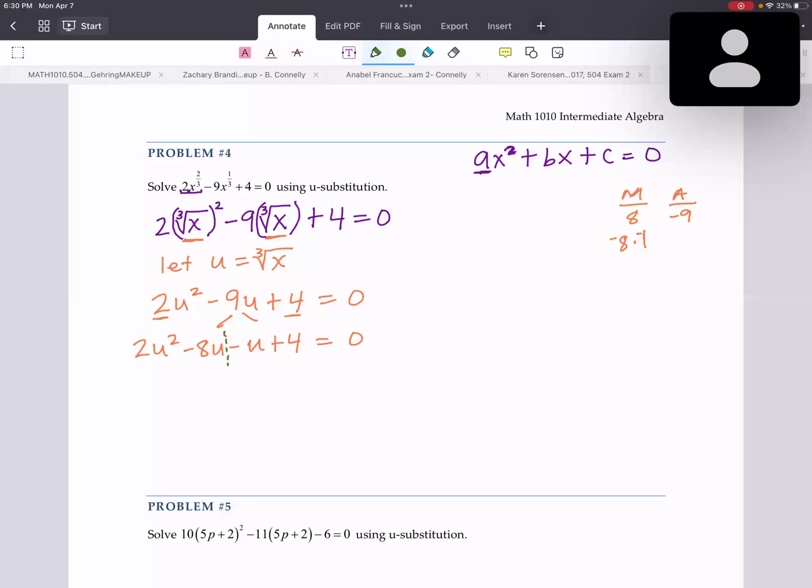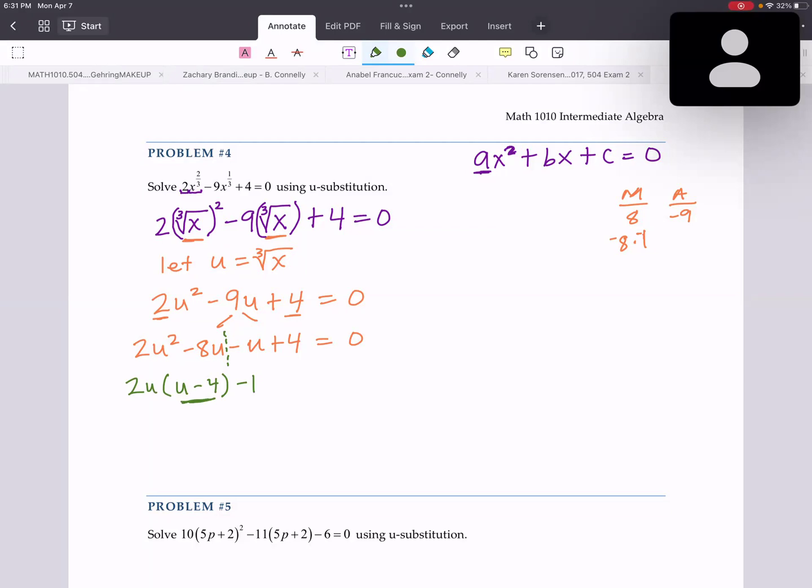So on this next part, 2u is our greatest common factor of those first two terms, leaving u minus 4. Okay, now look what we have left here, right? We've got a minus u plus 4. It looks kind of similar to what we have here, right? But we need to factor a negative 1 out in order to get those to look the same.